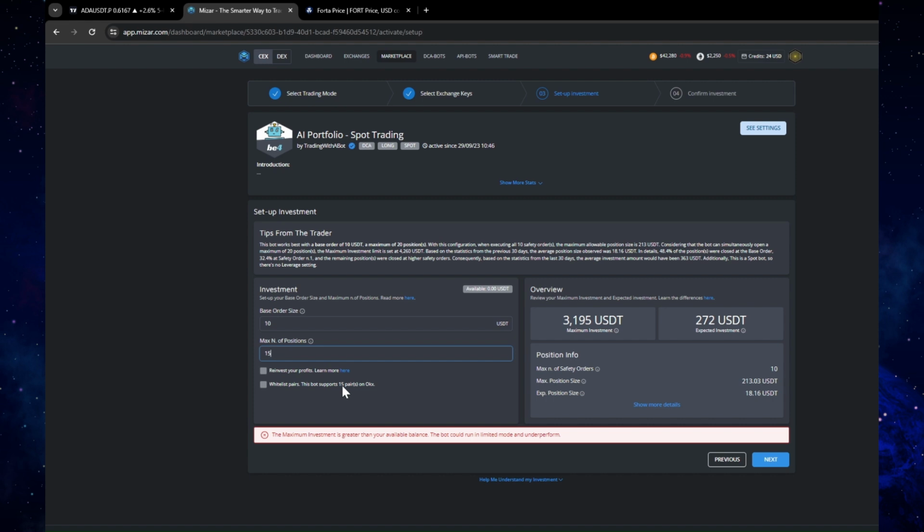But if you say no, I only want to buy 5, then the algorithm is forced to select the best 5 pairs out of, for example, the 10 that it would qualify and purchase. So that's the first reason why it's good to limit the number of pairs.